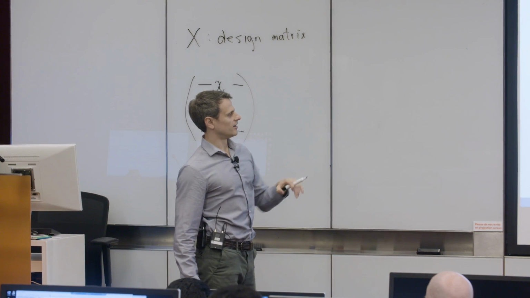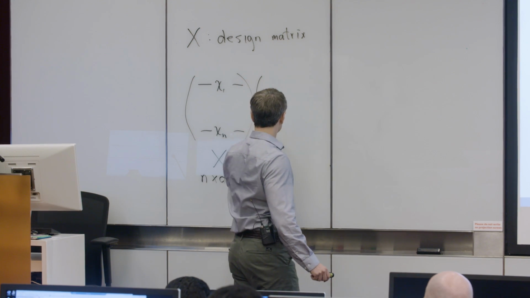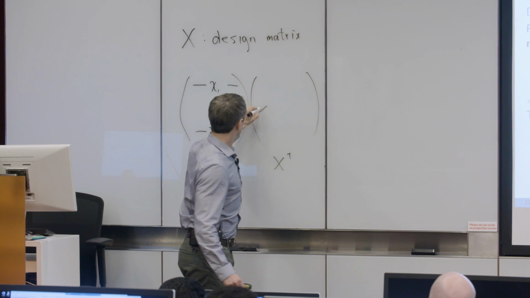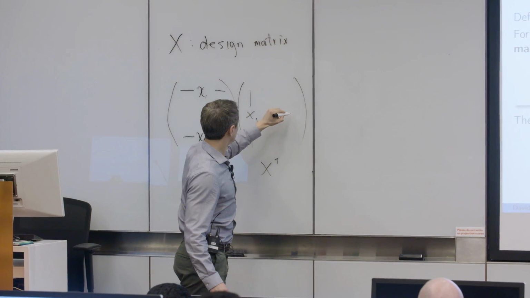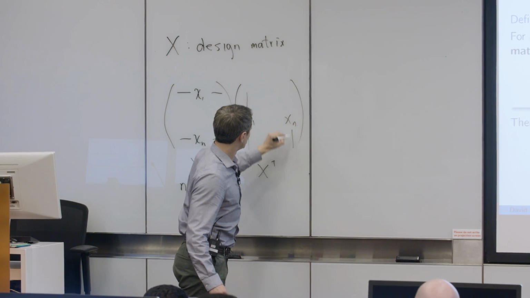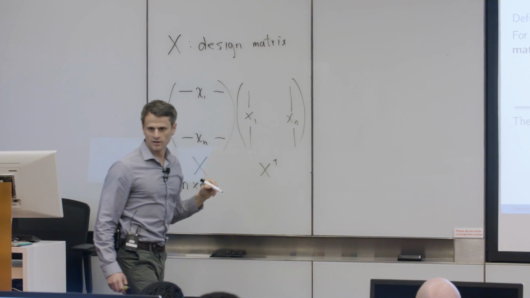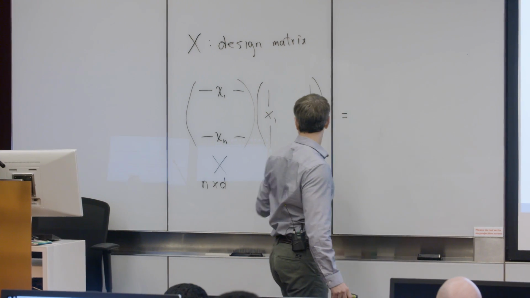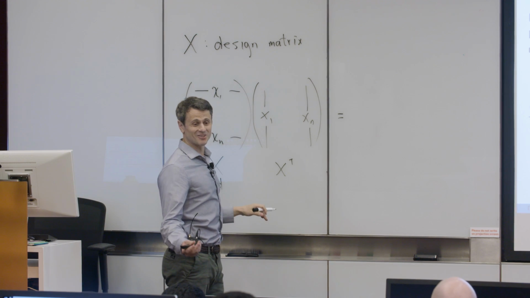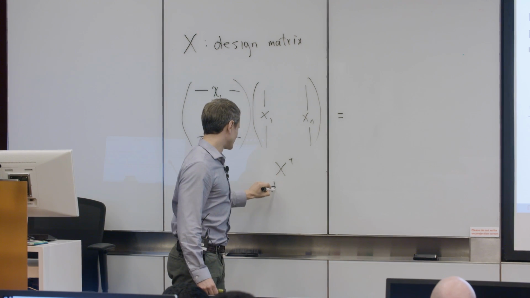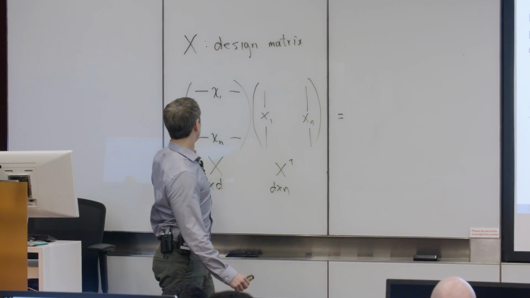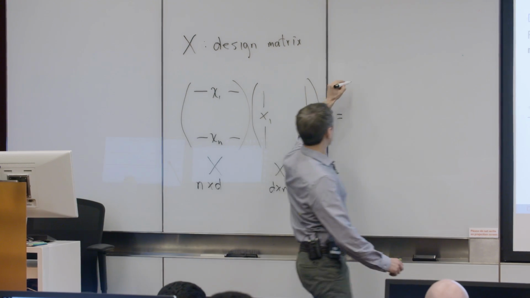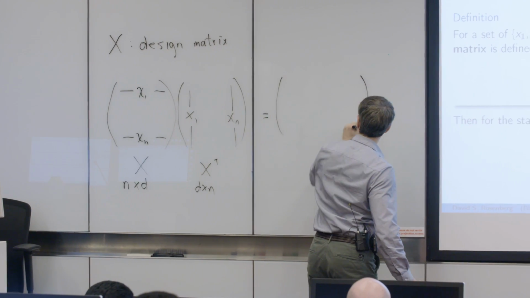So what's X X transpose then? Well, the product is n cross n, since this is of course d cross n. And what does an entry of this matrix look like?